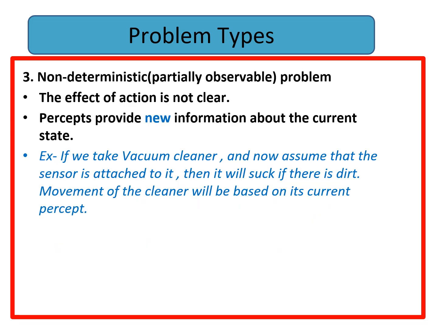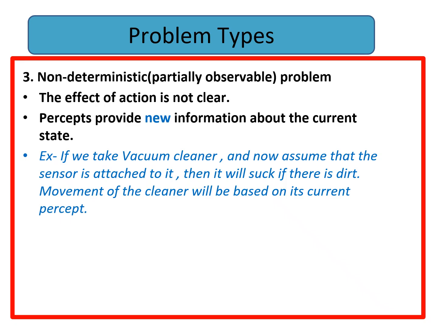Moving to the next example, the non-deterministic, partially observable problem. The outcome of an action is not completely predictable. The agent does not have complete knowledge of its environment. Sensors can provide some information about the current state. The agent must continuously observe and update its decision.